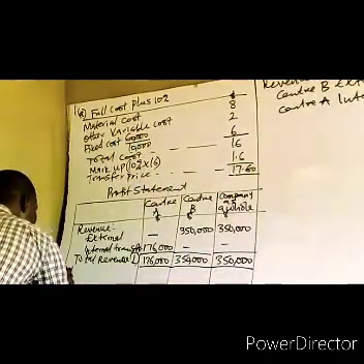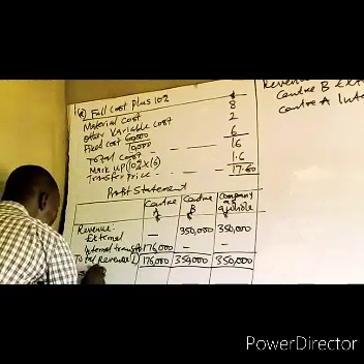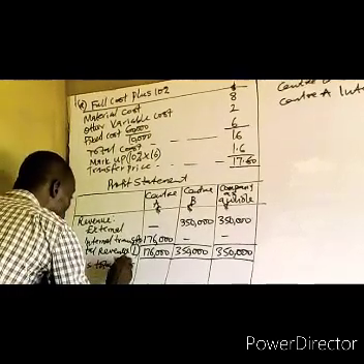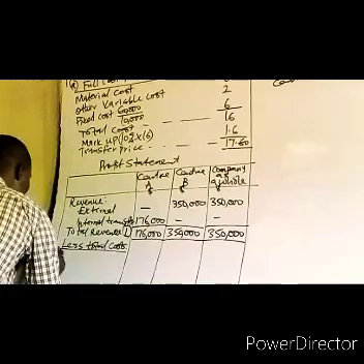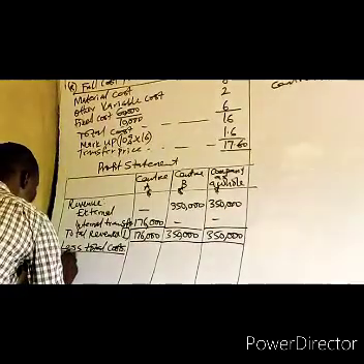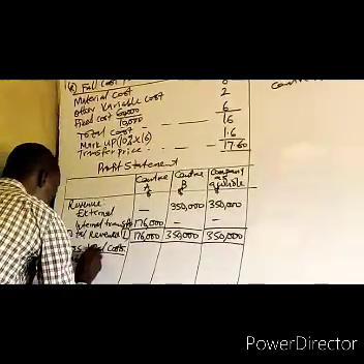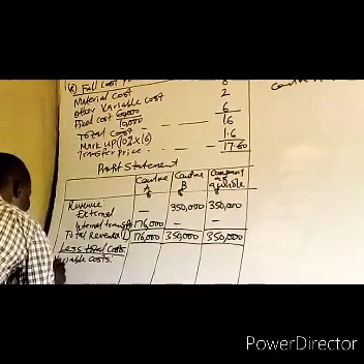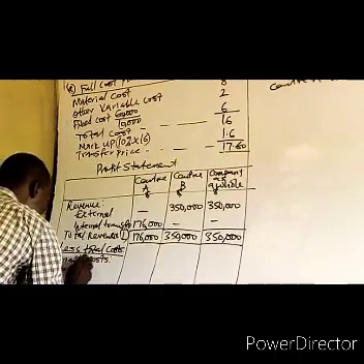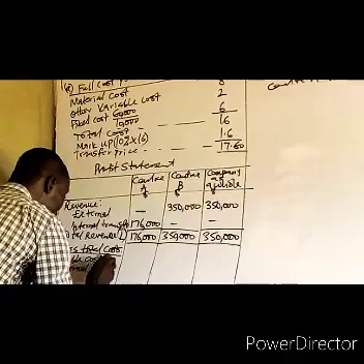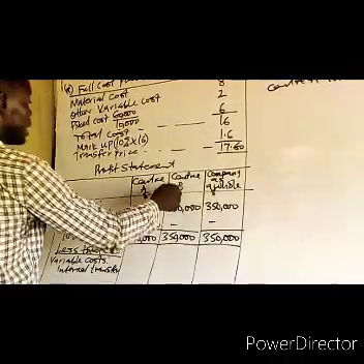From total revenue less total cost. The total cost will be divided into variable cost. And you can have variable cost from internal transfer. Remember, center B is the buying division.